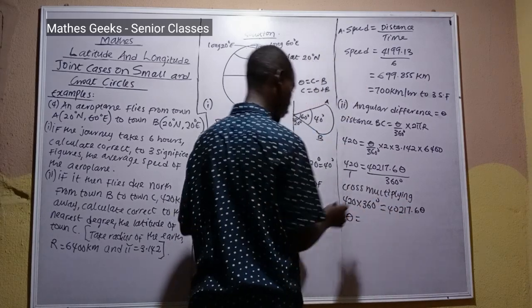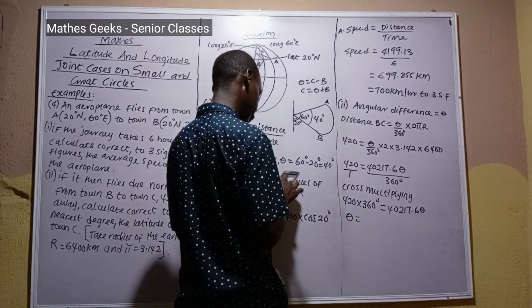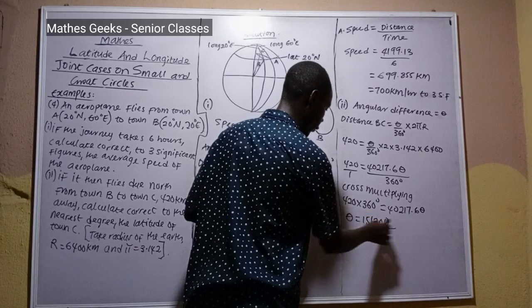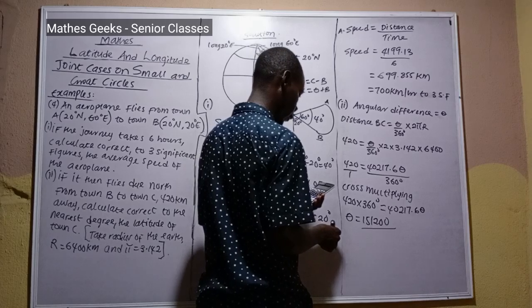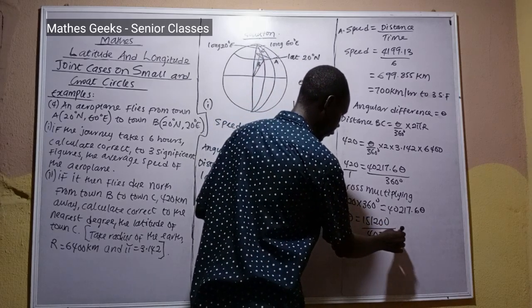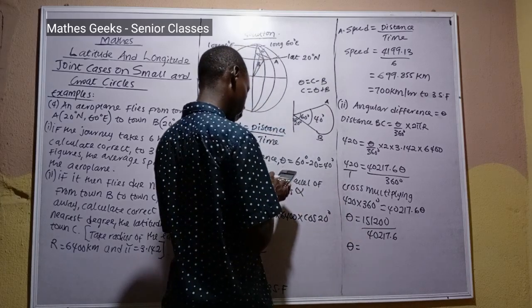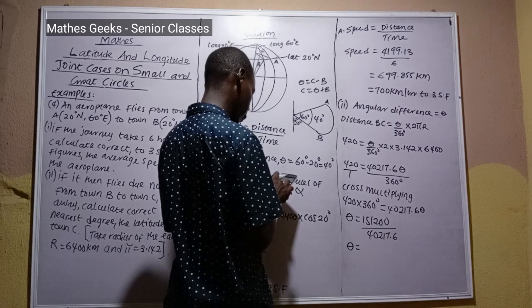So theta is equal to 420 times 360, which is 151,200, divided by 40217.6.